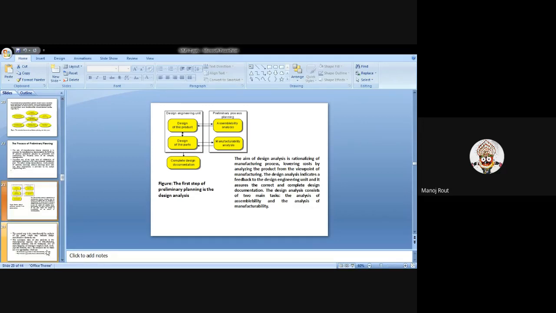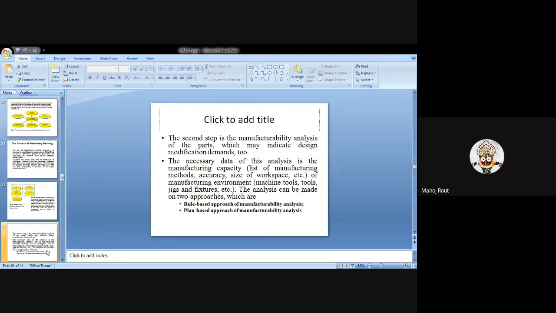The second step is manufacturing analysis of the parts, which may indicate a design modification demand too.